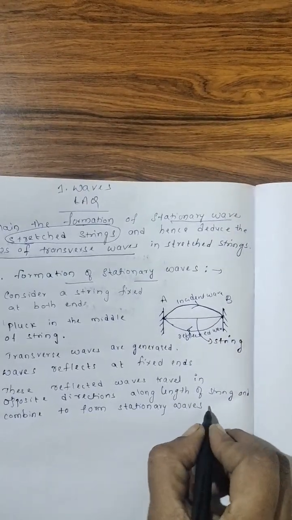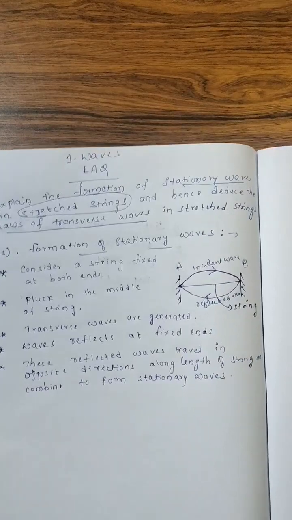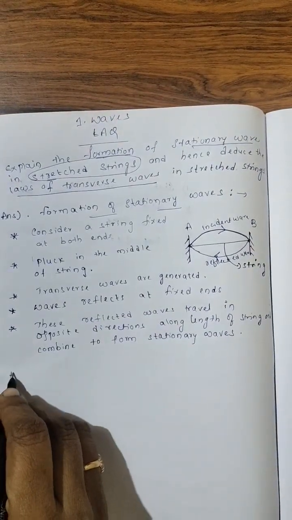So this is the formation of stationary waves. I think it is easier for you, right?